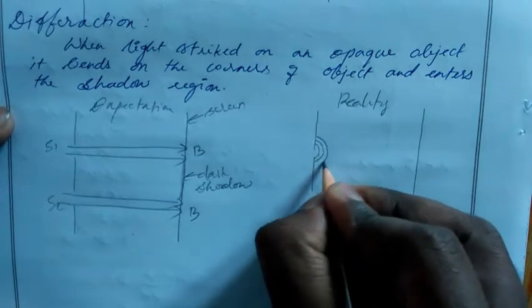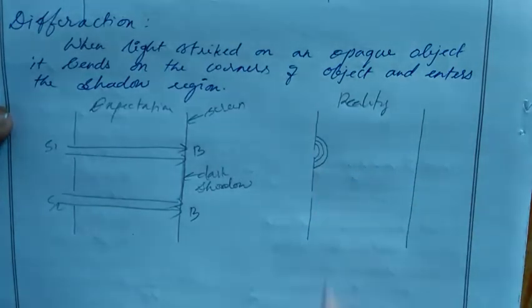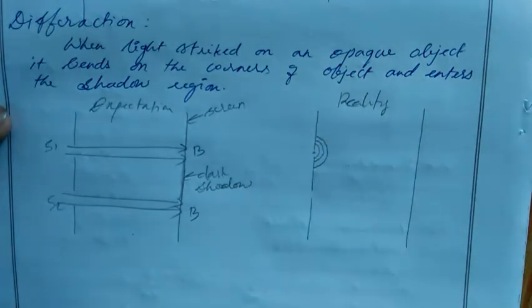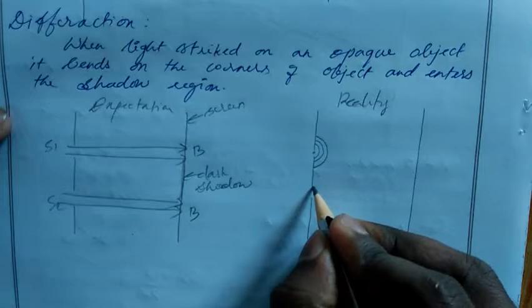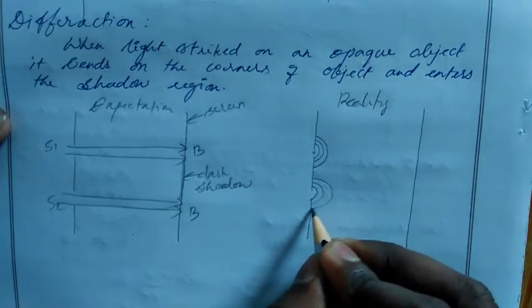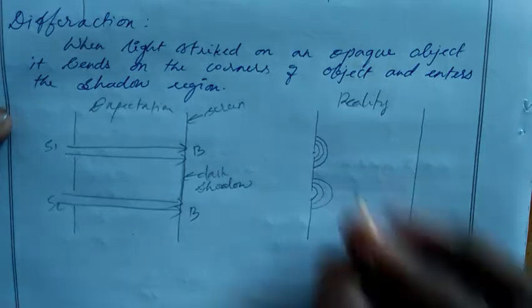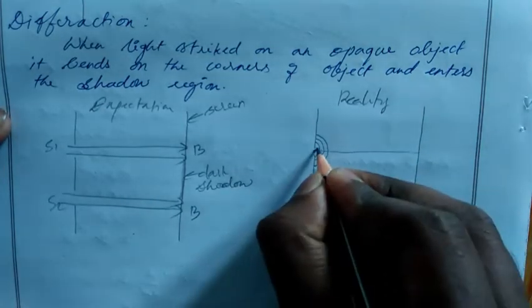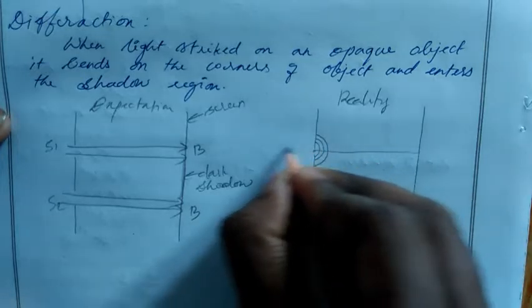So light travels as wavelets. Now this place acts as a point source, and from the point source we have a spherical wave. If you draw a perpendicular line to the wavelets, then the light will move like this.